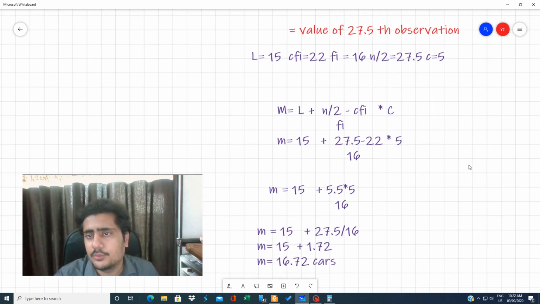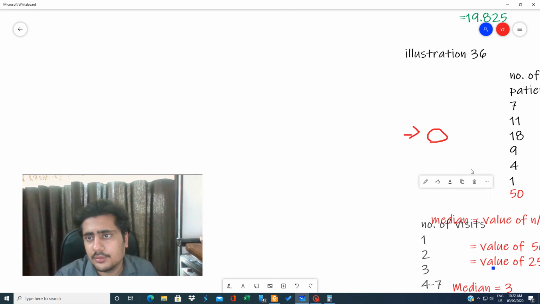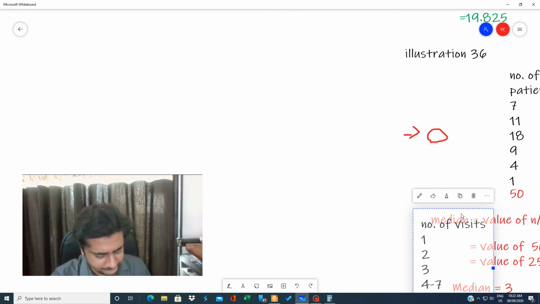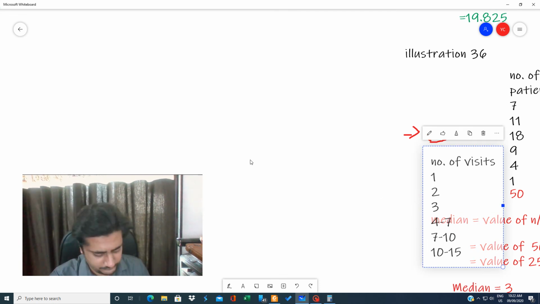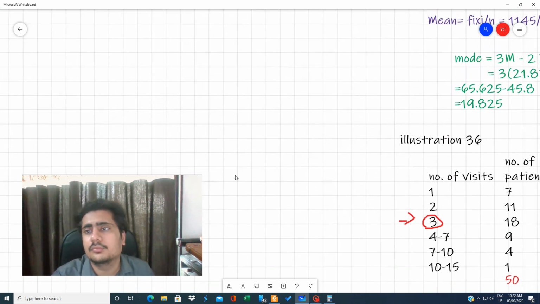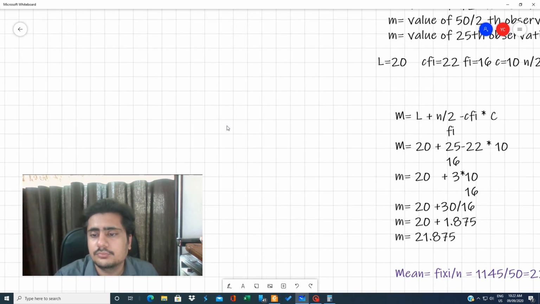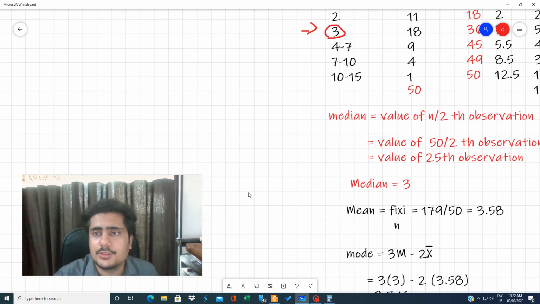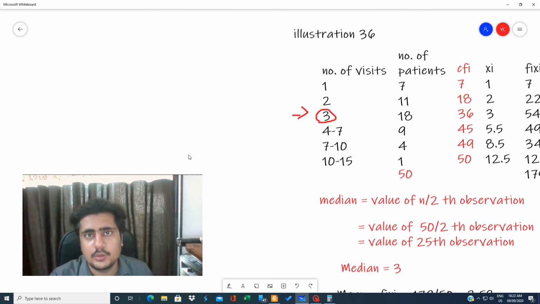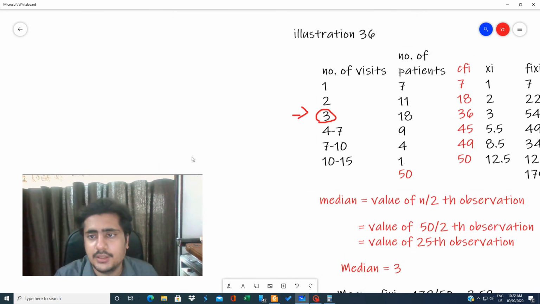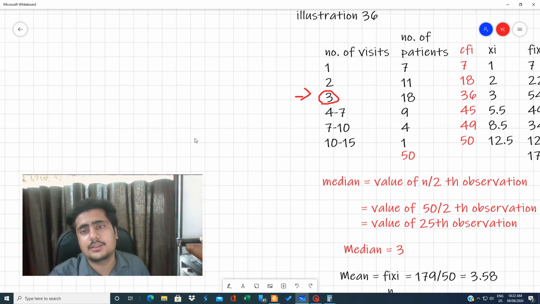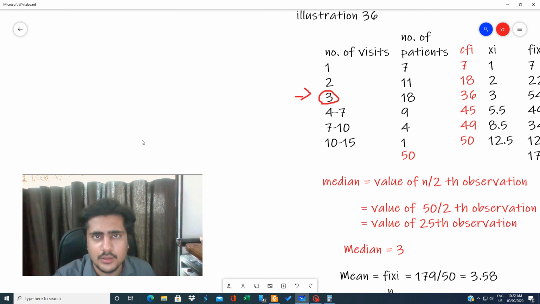So what two sums have we done today? Today we have done first illustration number 36. In illustration number 36, the exercise given in classes is a single sum. It is a continuous frequency.